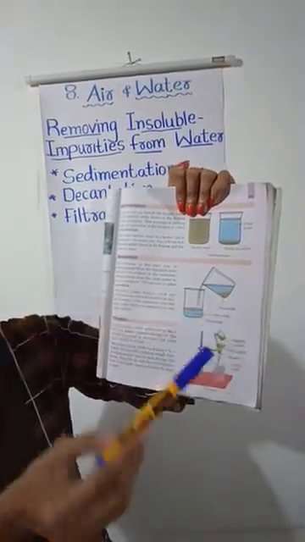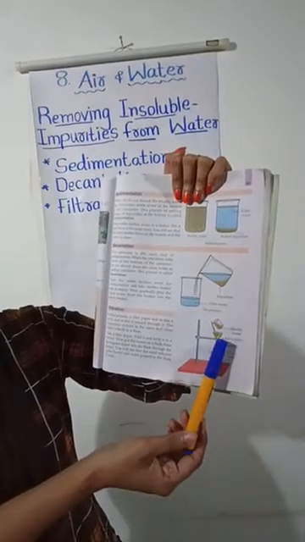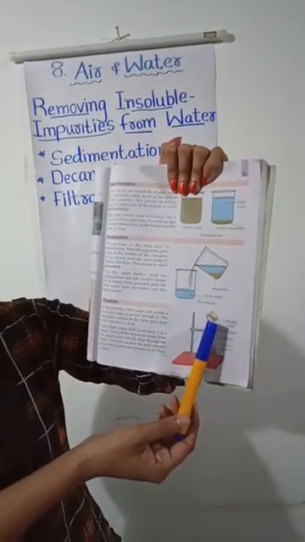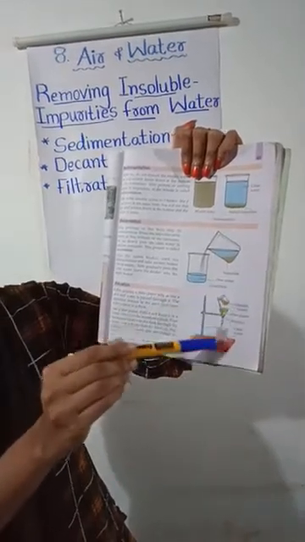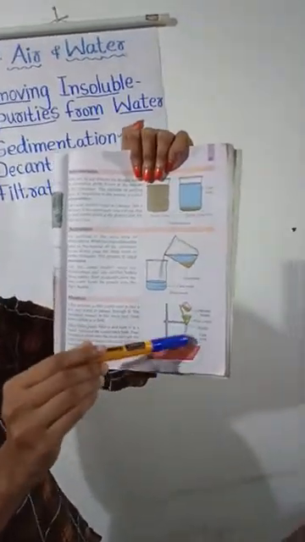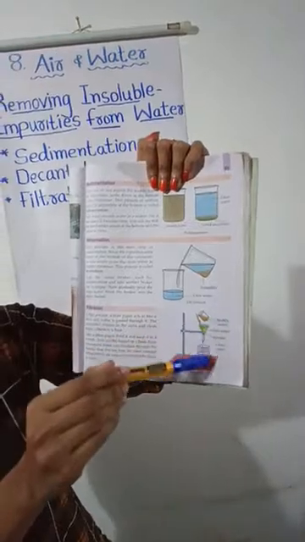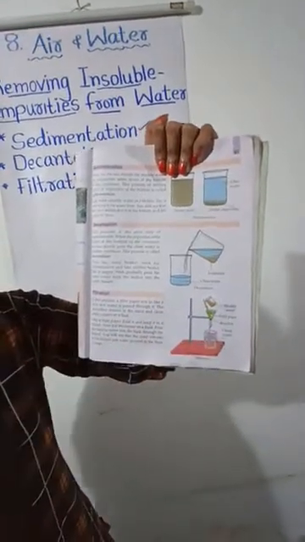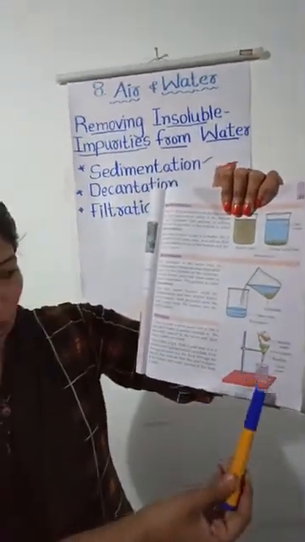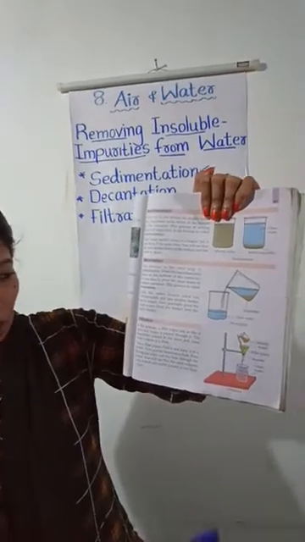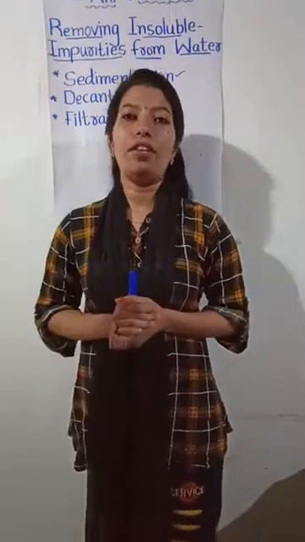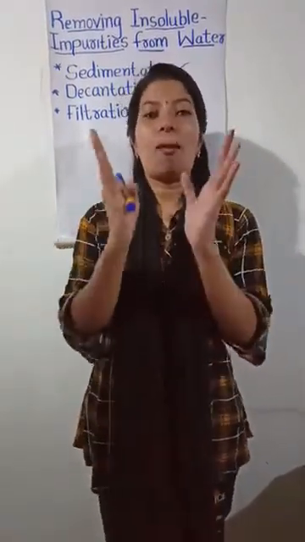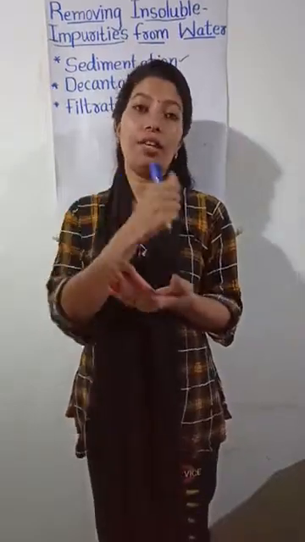You will see that the sand remains in the funnel and the water poured in the beaker is clean. This way the filtration process works. So we can separate a mixture of mud and water using filtration.